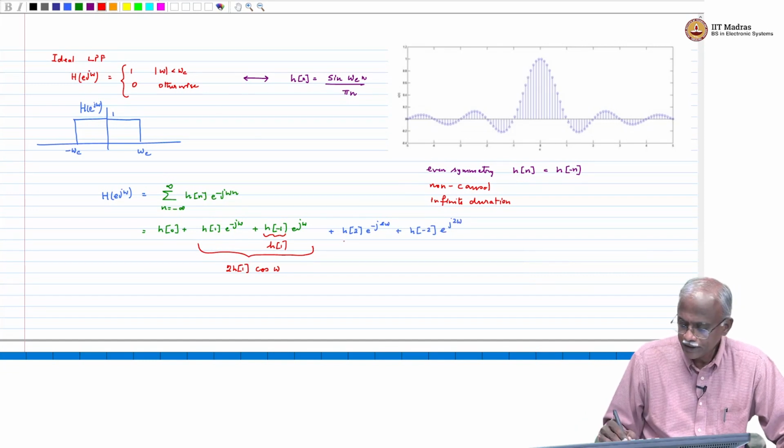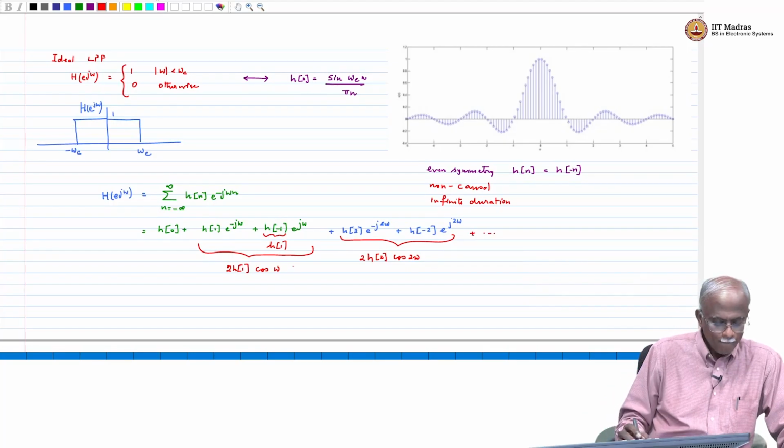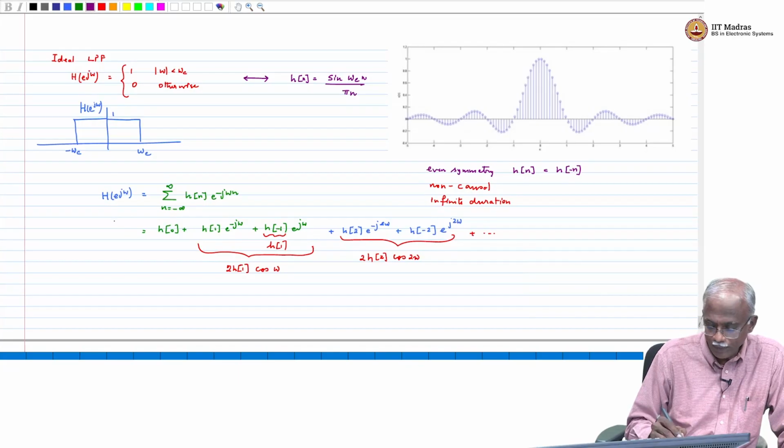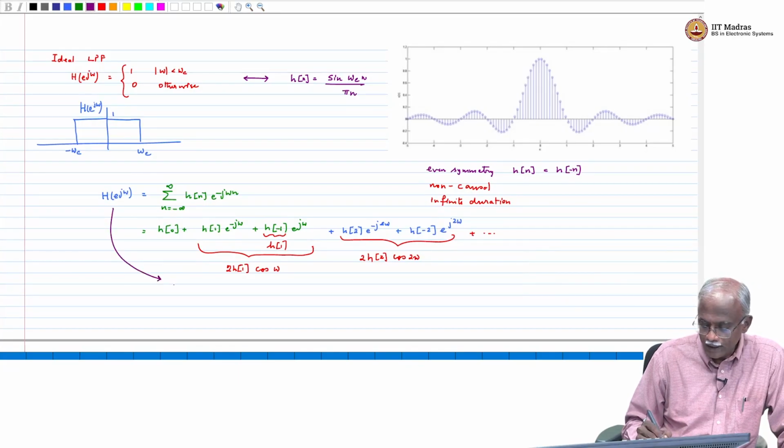This combination is going to give me 2 times h of 2 cosine 2 omega and so on. Okay, and notice that He of j omega is fully real valued. It is not a complex valued quantity, real valued.